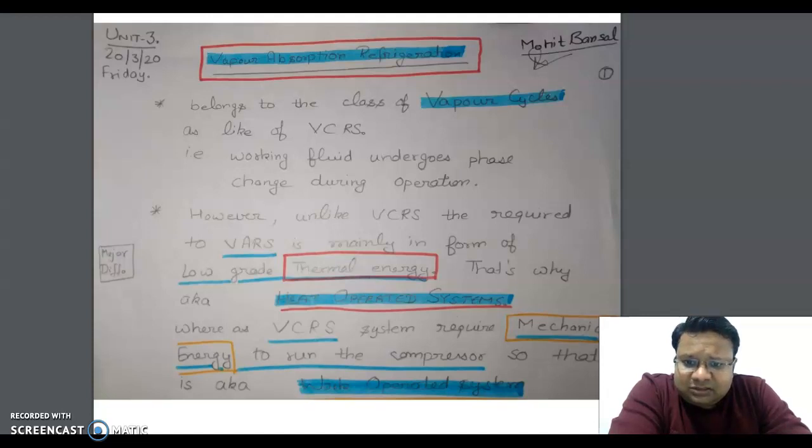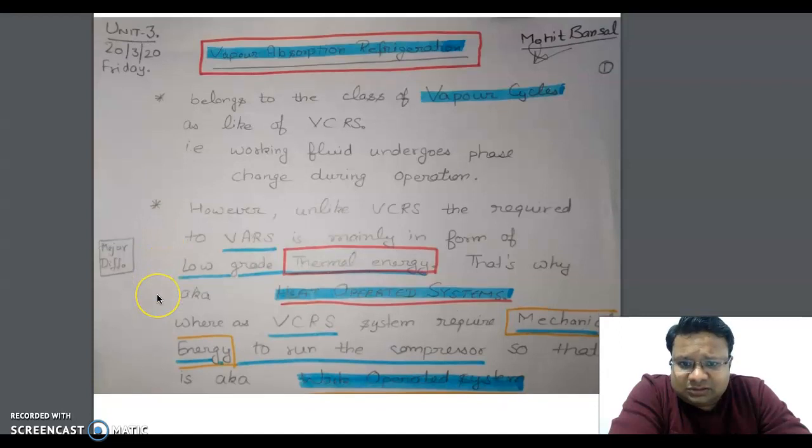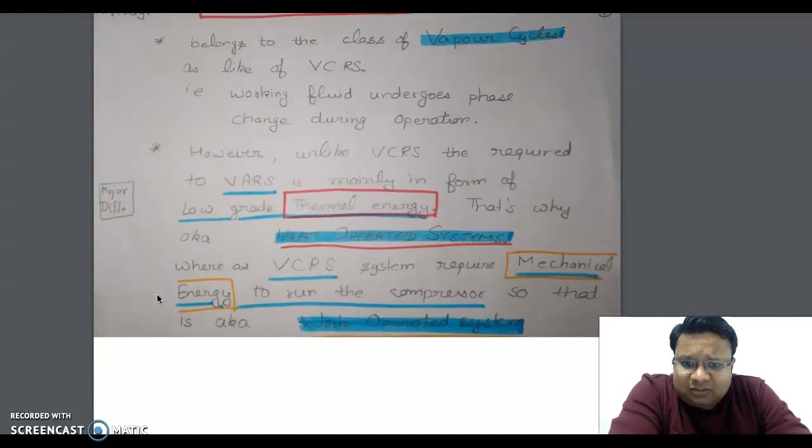However, the major difference is that the vapor absorption refrigeration system uses low grade thermal energy, and that's why it is also called a heat operated system. Now, what is this low grade thermal energy?